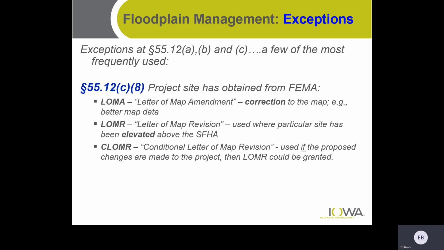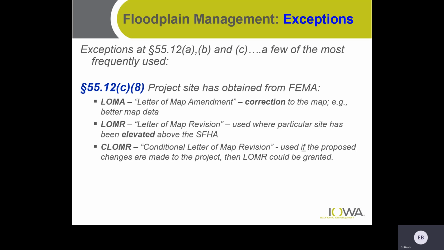So exceptions. Well, you could have what they call a LOMA, a letter of map amendment, which is a correction to the map based on some sort of better physical data, engineering type data, hydrological data.